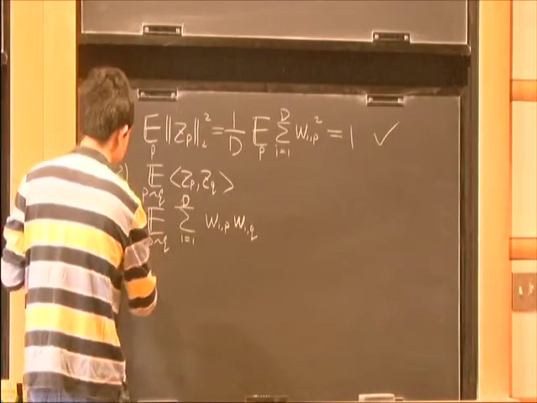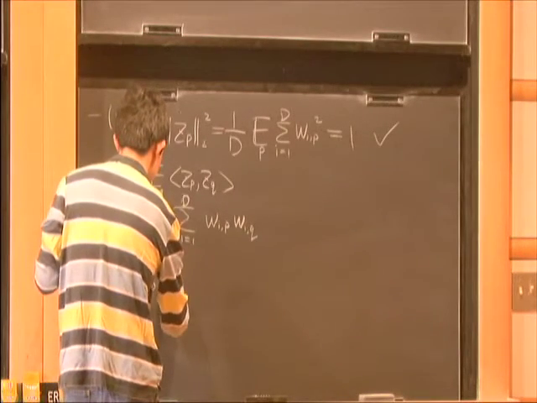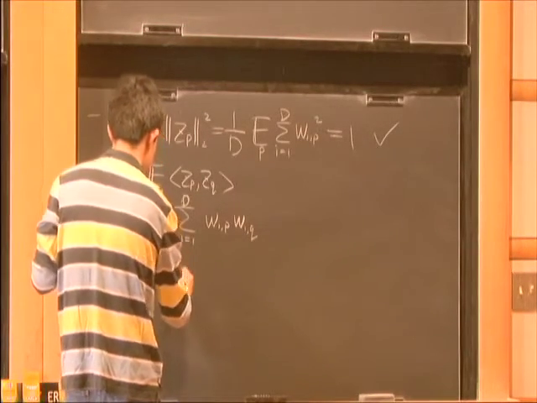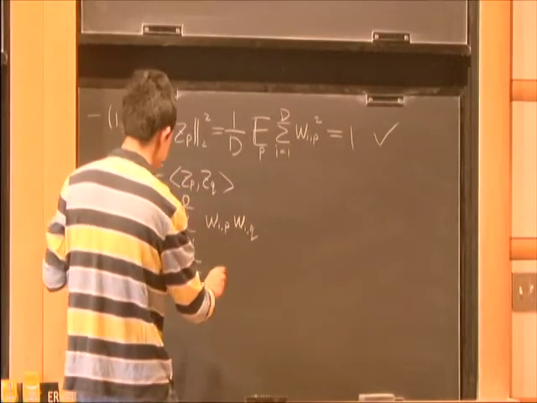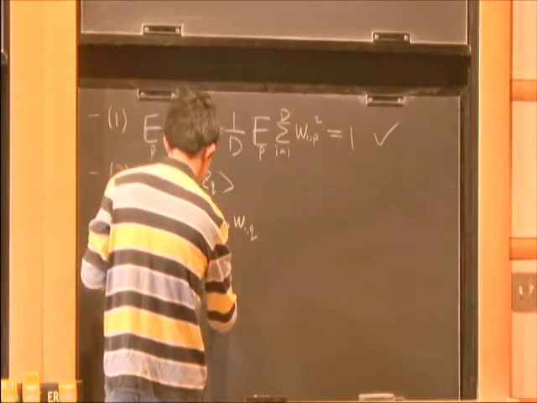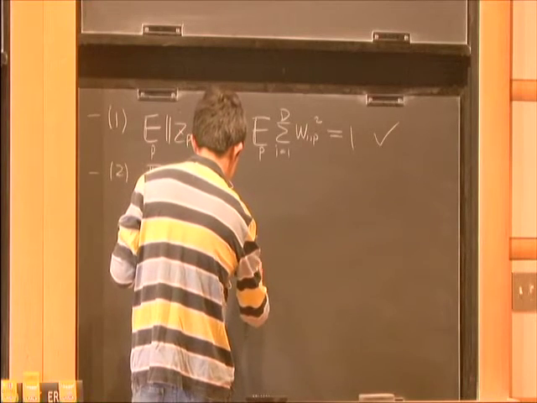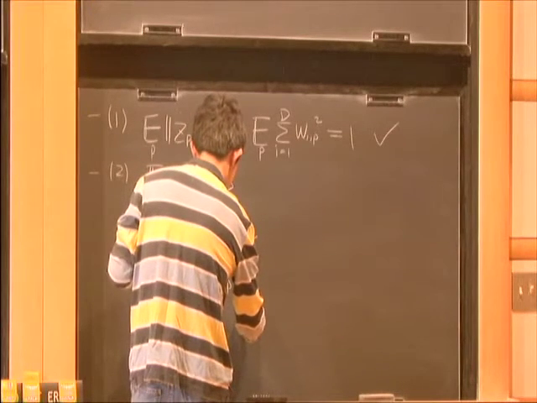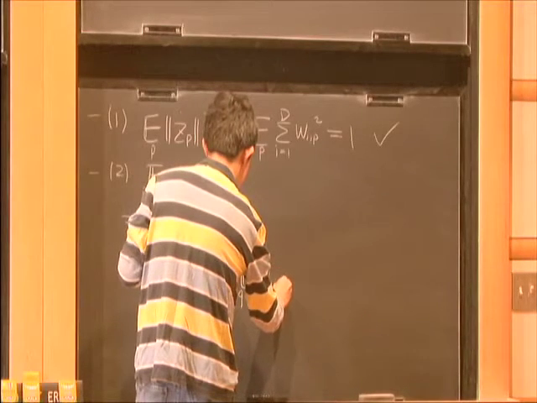Now, again, you switch the sum and expectation, and I write the expectation in this way. I first take expectation over P of W_i(P), then I take a random neighbor Q of P, W_i(Q).